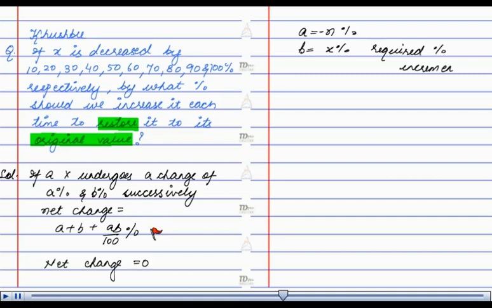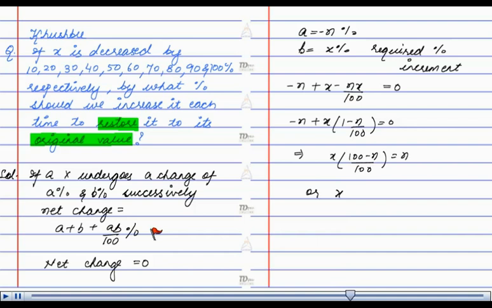So the equation will be minus n plus x minus nx by 100 equal to 0, or minus n plus x into 1 minus n by 100 equal to 0, which implies x into 100 minus n by 100 equals n, or x is equal to n into 100 by 100 minus n.